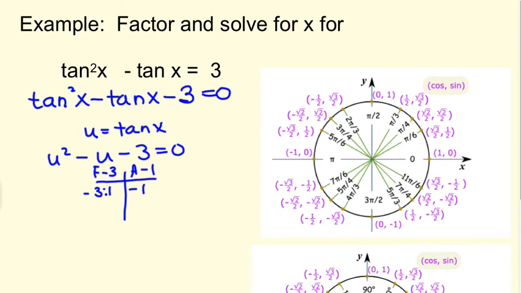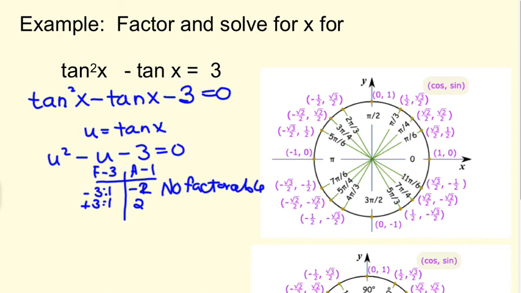And +3 times -1 is 2. Not factorable. Oops, this should be -2 here. All right, so you can't factor it like this.